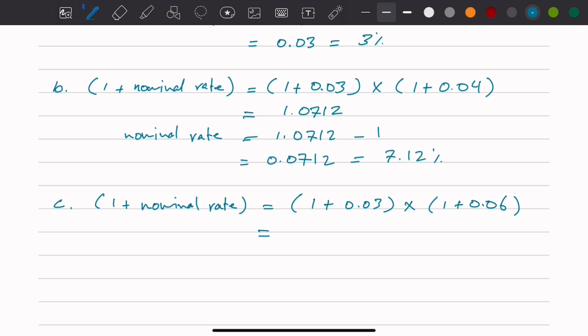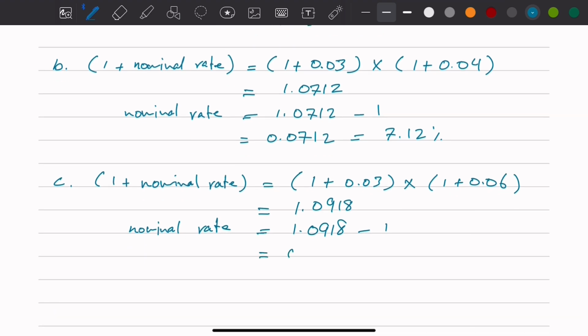All right, using a calculator, I'll just go back to my previous formula and adjust it to 6% instead of the 4 that we used for the previous part, and that gives me 1.0918, okay, which means that the nominal rate is going to equal 1.0918 minus 1, okay, which is equal to 0.0918, which is equal to 9.18%.